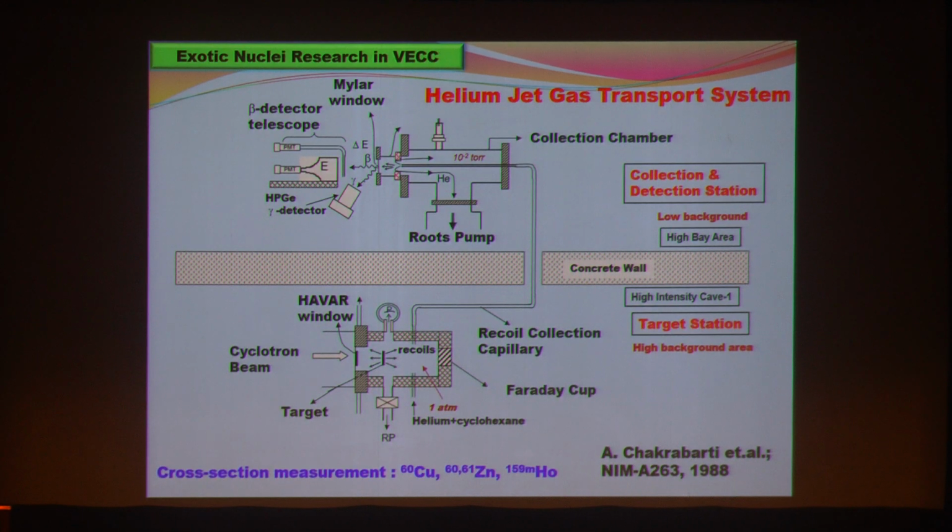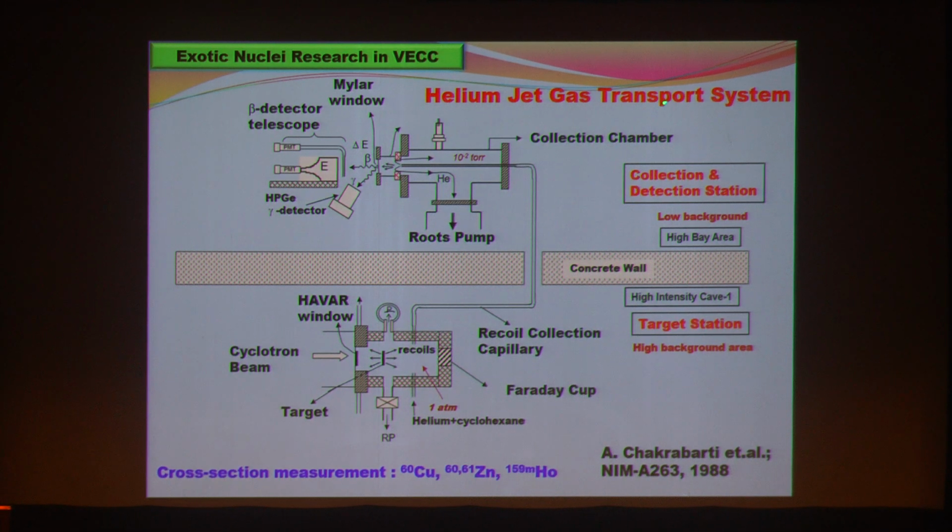So we started around 1988. This is a facility which uses a helium jet gas transport system. The idea is, in the accelerator cave, you use a suitable target to produce exotic nuclei, and transfer the reaction products to a low background site by using this technique.